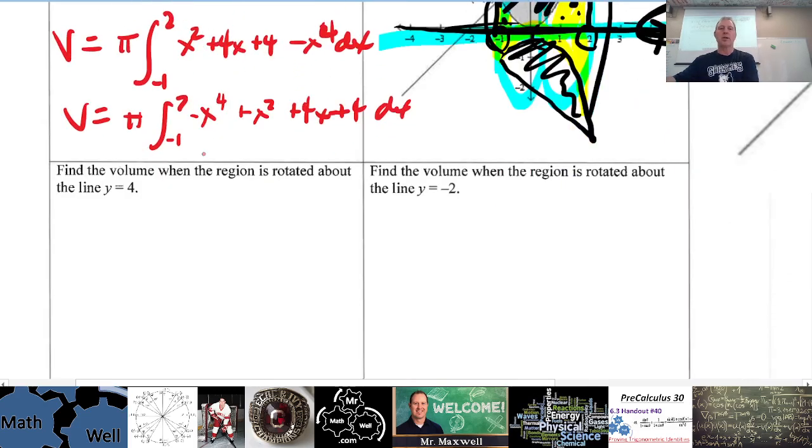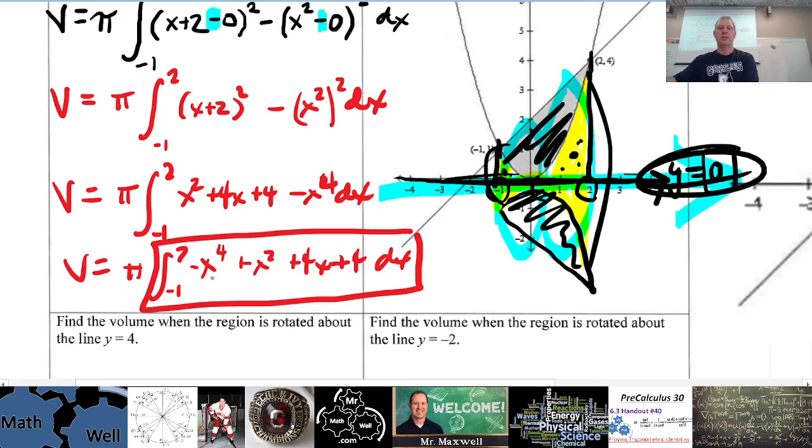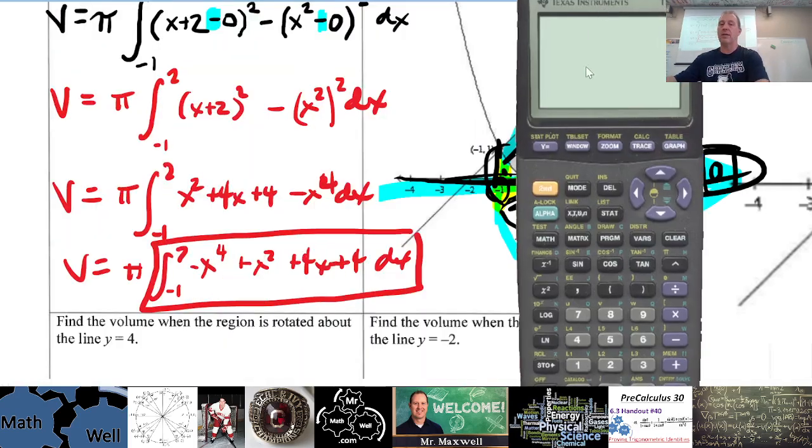But now you can plug any of these into your graphing calculator and solve, okay? So pi times this integral. There are two ways you could do that with a graphing calculator. You could graph it and then do second function calculate, or you could use the integral function straight from the home screen.